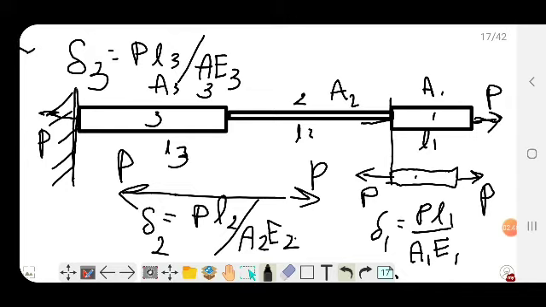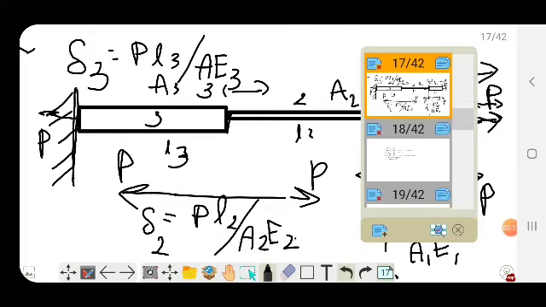At this end it is fixed, so elongation is happening this way, delta 1. Body 1 will be elongated by delta 1, body 2 by delta 2, body 3 by delta 3. The joined sections, this join will remain as such.